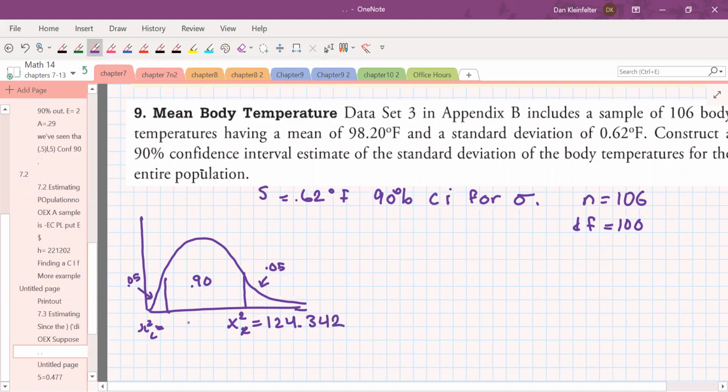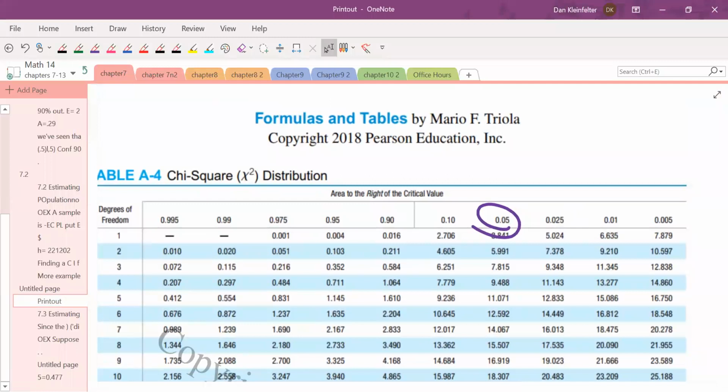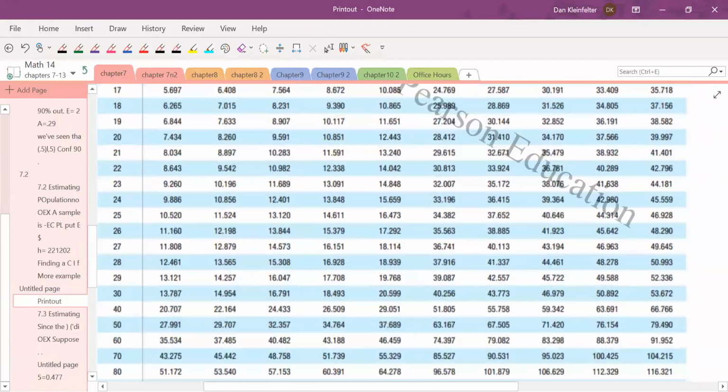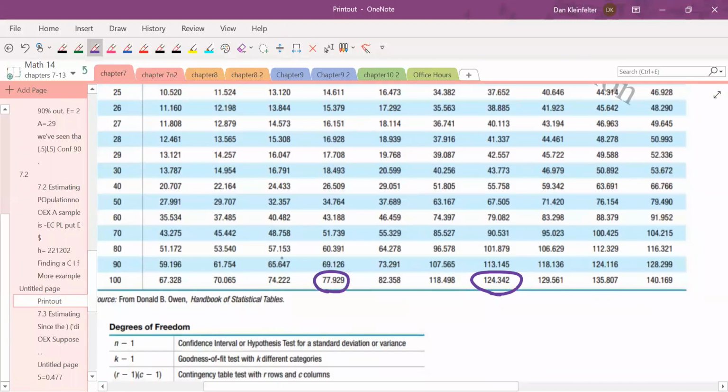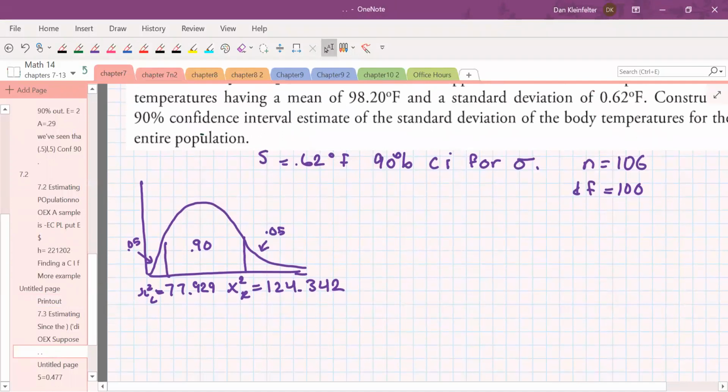And then for our chi-squared left, 0.95 is on the right. Where's 0.95 on the right? Right here. Go all the way to the bottom of that column, 77.929. Okay, and just to make sure, 77 is less than 124, so it had better be the one that is on the left.